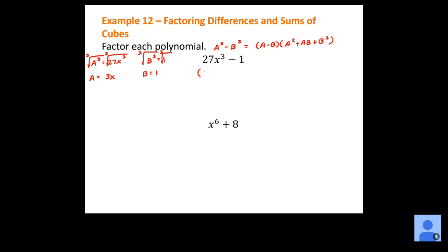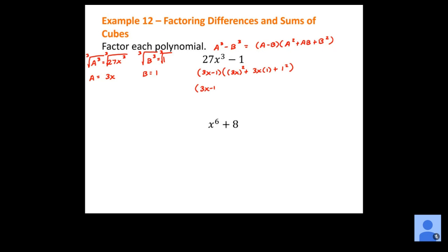So we start with a minus b, so that's going to be 3x minus 1 times a squared, so that's 3x squared. Then we're going to have plus a times b, 3x times 1, plus b squared, 1 squared. Now we need to simplify what we have there.